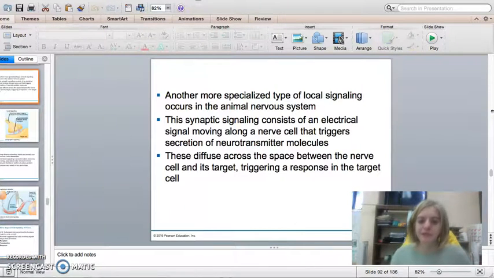Another type of local signaling happens with the nervous system, and this, known as synaptic signaling, basically consists of an electrical signal that moves along a nerve cell, and that electrical signal signifies the release of neurotransmitters. And these neurotransmitter molecules will diffuse in between the nerve cell and its target cell and then cause the target cell to have a response.